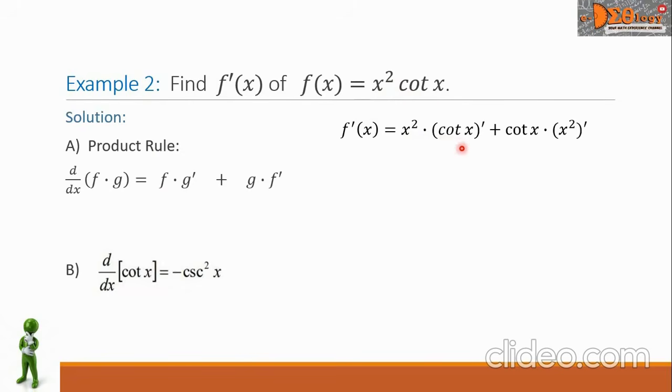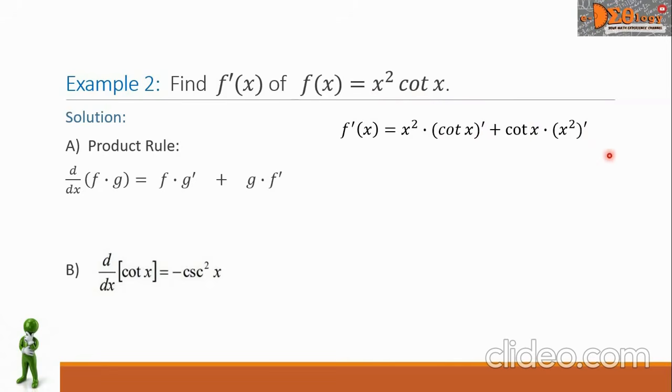So we write cotangent x prime plus, we copy this cotangent x, it is here now, times the derivative of the first function, x squared. So we see the prime symbol here.